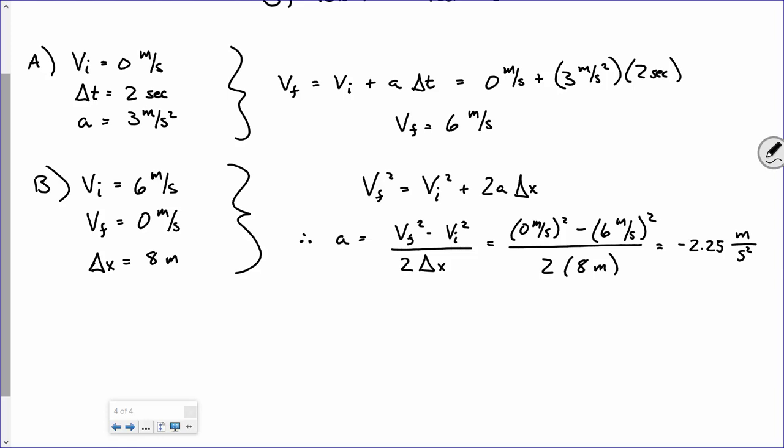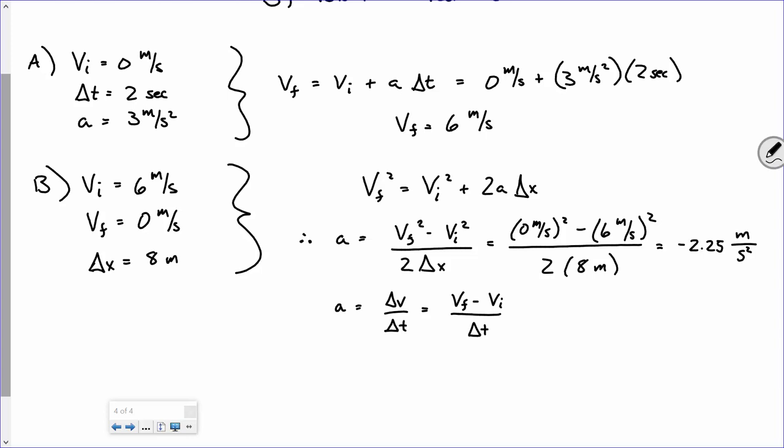Now, here's the issue though. What we're after is the time, right? We want to know how long it took the particle from the beginning to speed up and then slow back down. So how do I calculate the time? Well, acceleration itself is a change in velocity over a change in time. Change in velocity is the final velocity minus the initial velocity, right?